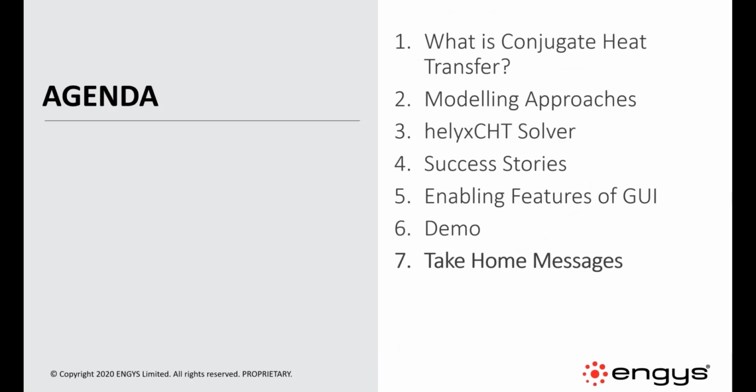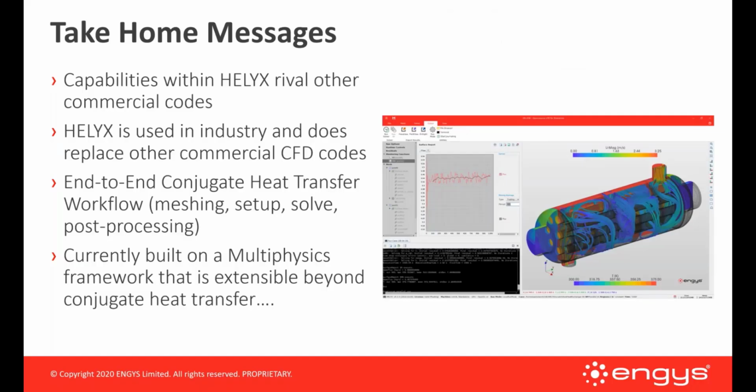So some take-home messages. The capabilities of HELYX rival other commercial codes, and HELYX is used in industry and does replace other commercial codes. So there's definitely companies that have used or are using HELYX right now and changed completely over from other commercial codes. This is an end-to-end conjugate heat transfer workflow. There's meshing, there's solving, there's setup, there's post-processing.